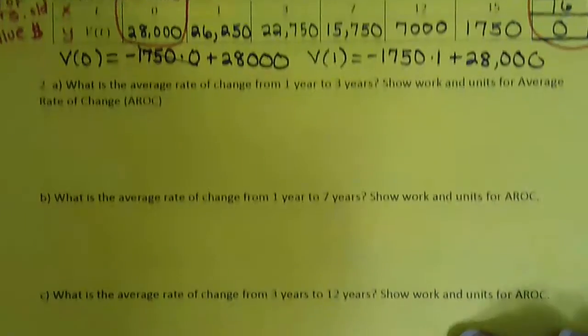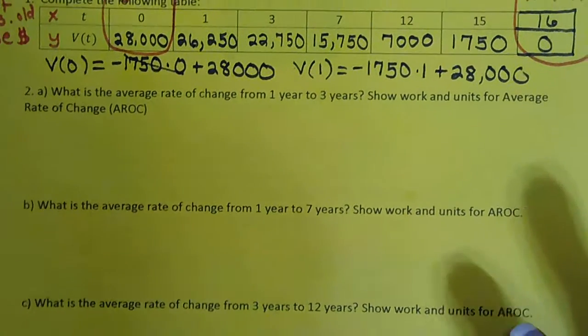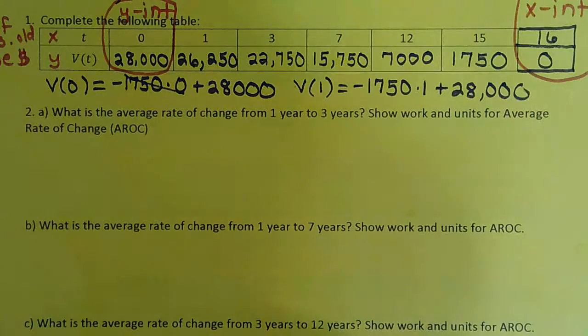Okay, let's go ahead and answer these next 3 questions. So we need our table in the picture. What is the average rate of change? And they're calling it AROC now. There's a lot of names for it. Constant rate of change, which they call CROC. Average rate of change, which they call AROC. Rate of change, which they just call ROC.